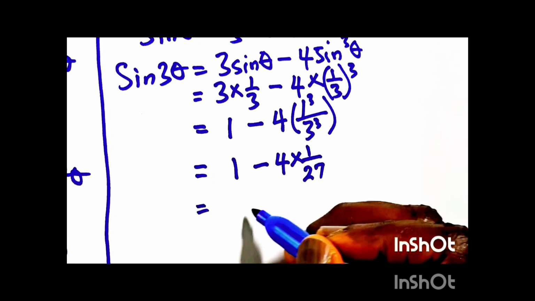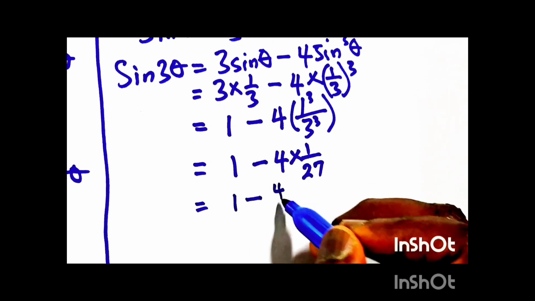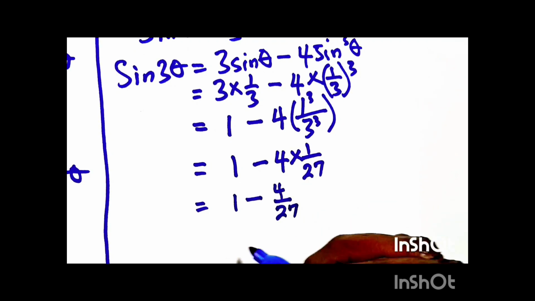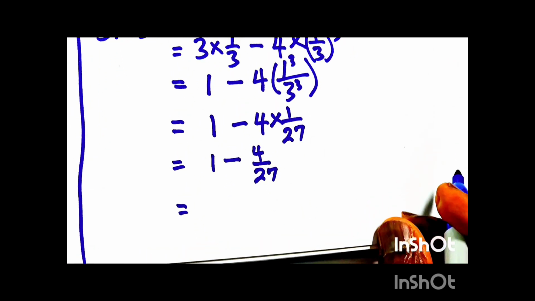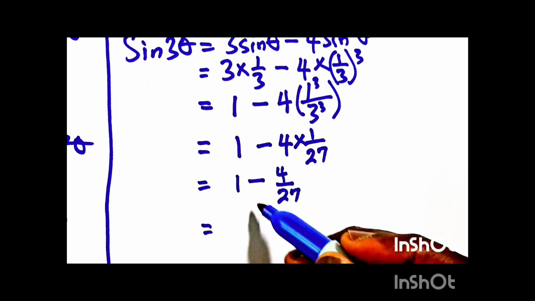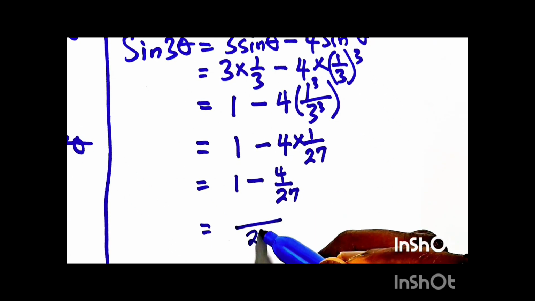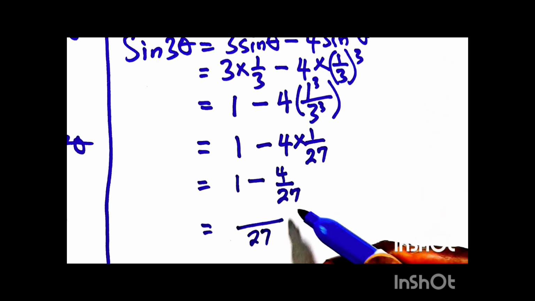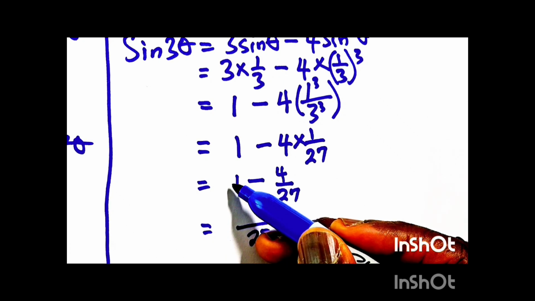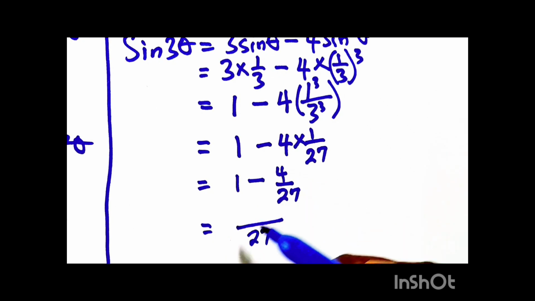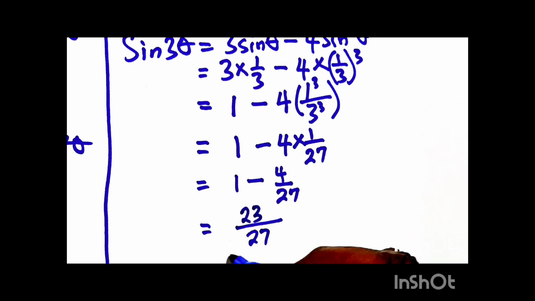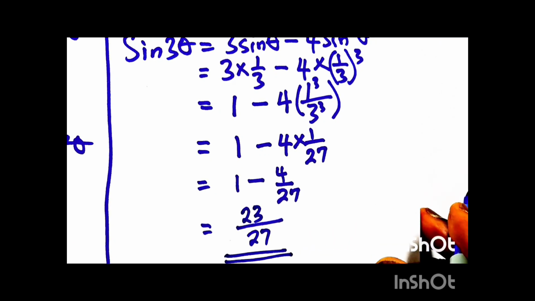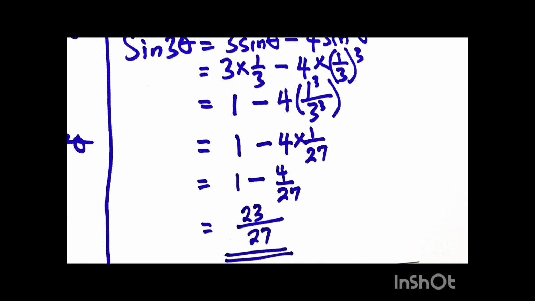So we have this now as 1 minus 4 over 27. We can find the LCM, which is going to be 27. So 27 times 1 gives 27, minus 4 gives 23. So the answer is going to be 23 over 27.